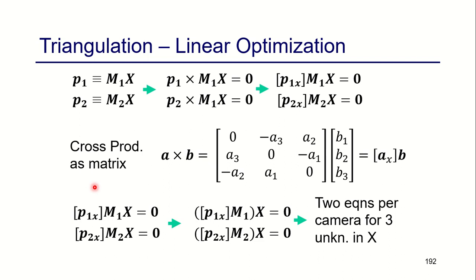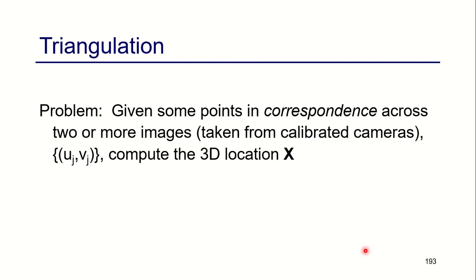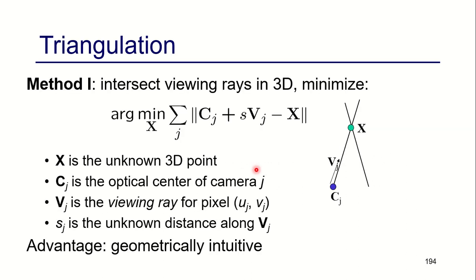Doing that, you get two equations for each camera for the 3 unknowns in X. Given some point correspondences across 2 or more images taken from calibrated cameras, you get a set of values uj, vj and compute the 3D location X. In the first method, intersect the viewing rays in 3D and then minimize the value.